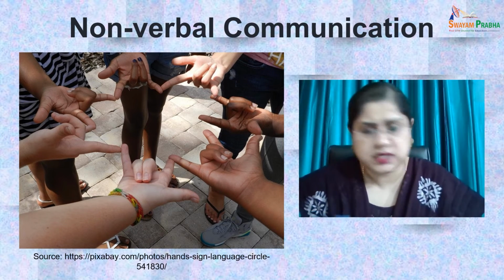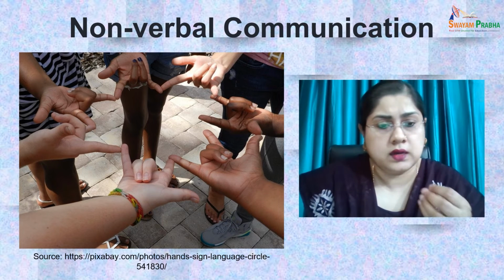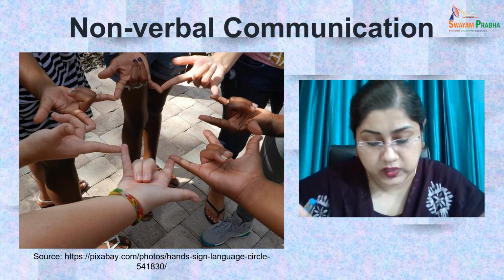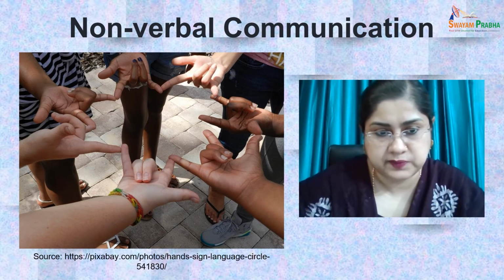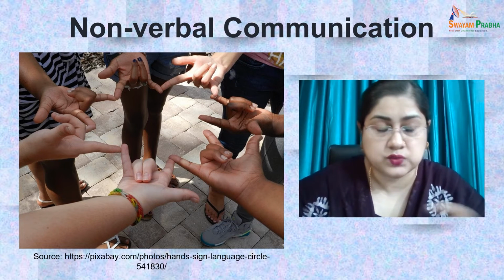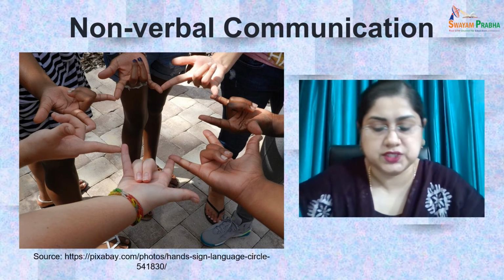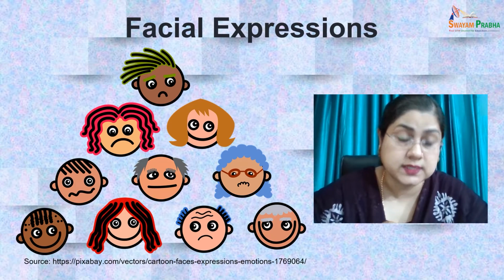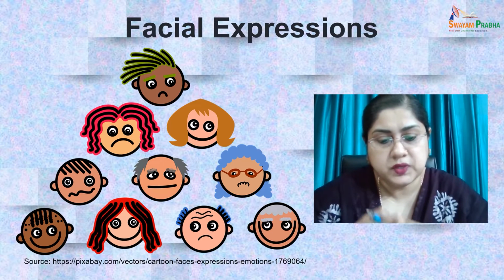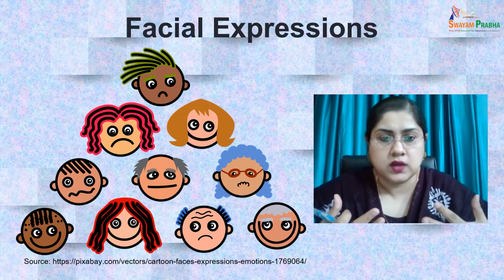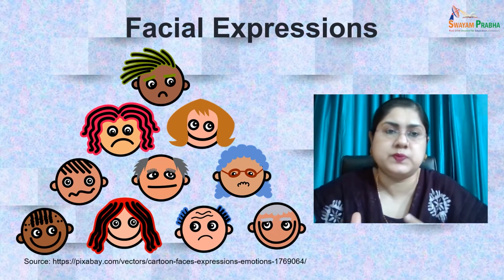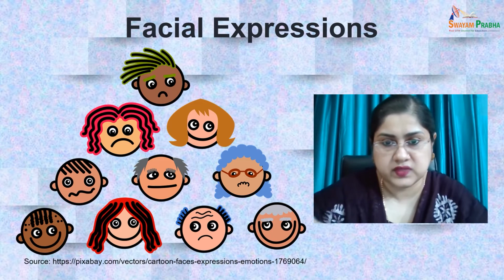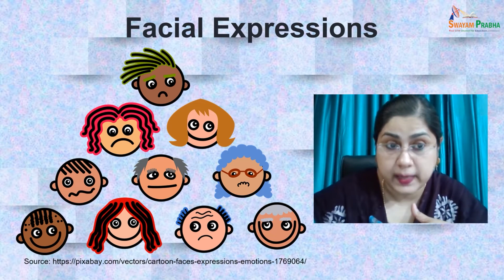Let us see what are the most important aspects which can be seen when we are trying to understand non-verbal communication. The first one which I wish to discuss here is facial expression, because when we talk, the entire face is being read by the person who is watching us, to whom the communication is happening.